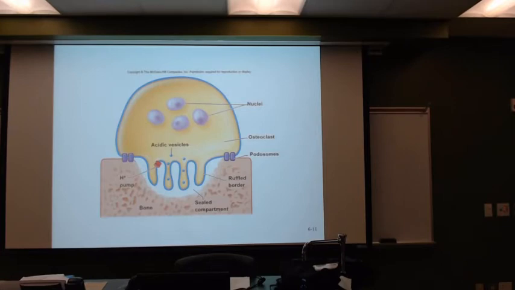Because when we're looking at bone, if you remember, one thing that I keep trying to point out, bone is dynamic, meaning it continuously remodels, okay? It's going to grow throughout until you reach your full height. Once you have reached your full height, the bone continues to break down, build back up, okay?